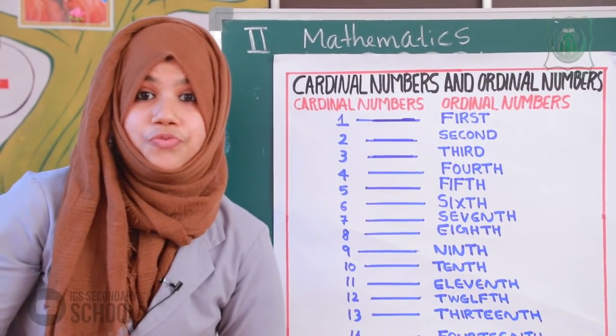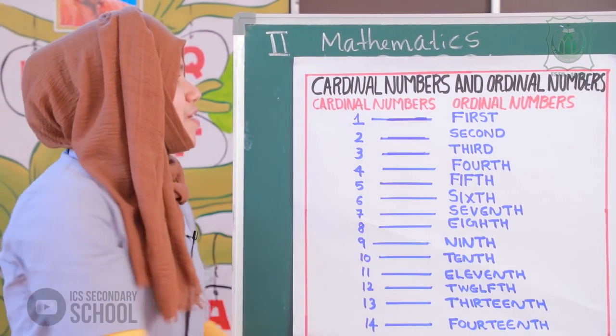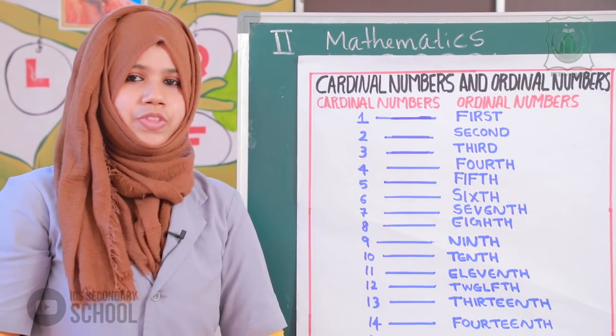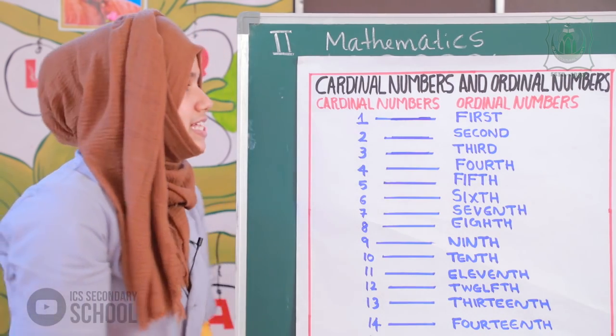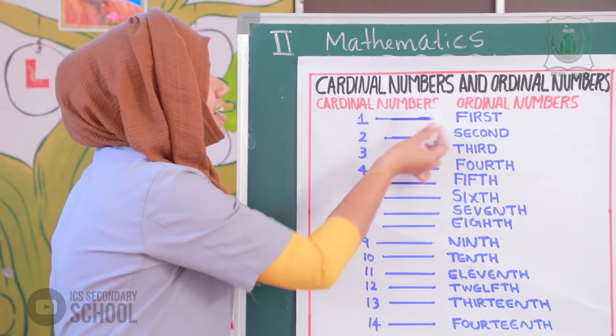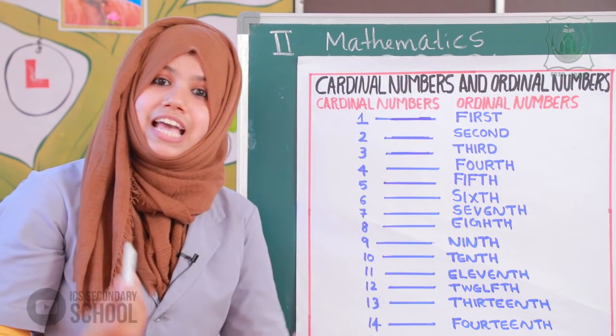What is the spelling of first? I think you know that. Yes, F-I-R-S-T, first. And that is the ordinal number of 1. Second. 2 is the cardinal number, and the ordinal number is second.